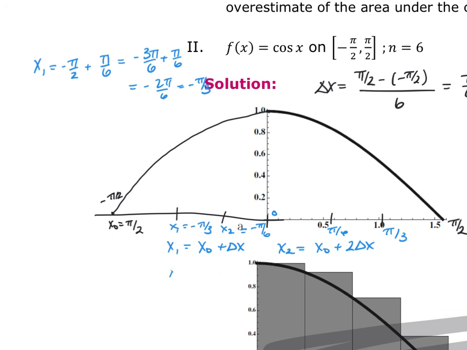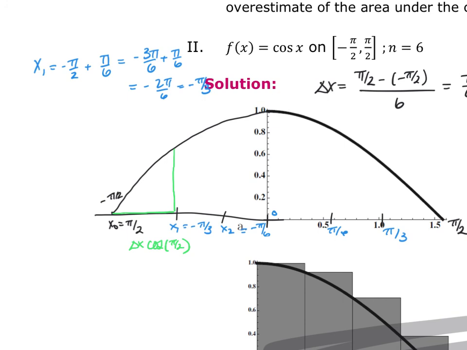Now, if we do the left side Riemann sum, then I start out with x sub naught. So my first one is going to be this delta x multiplied by the cosine, because I have a cosine, of negative pi over 2, because that is my left value.